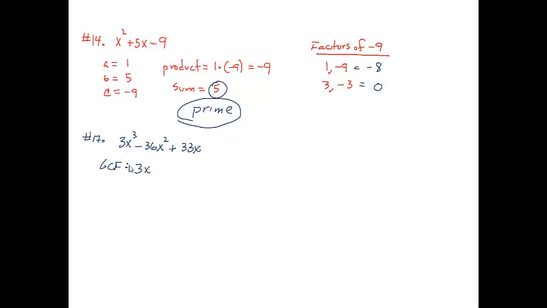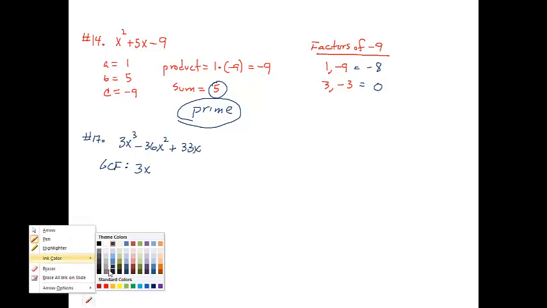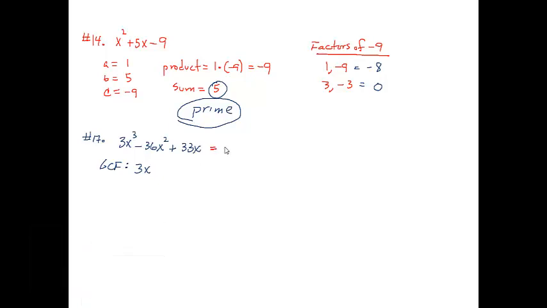Remember, it's the highest factor among the coefficients, which is 3, and the smallest exponent, which is x. So let's rewrite this, and we have 3x, open parentheses, and you should have x squared minus 12x plus 11, and then verify that. Now, you need to factor what is left inside the parentheses.